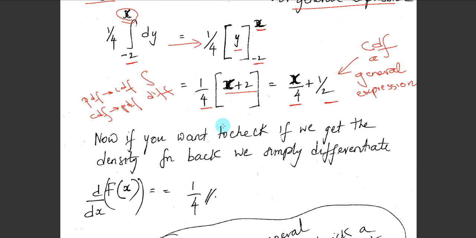And that's exactly what we want to do to check that we got the right answer. We differentiate this CDF and get back 1/4 right away, since the derivative of x over 4 is 1 over 4. Since 1/2 is a constant, that goes away. So d by dx of F of x is nothing but 1 over 4.